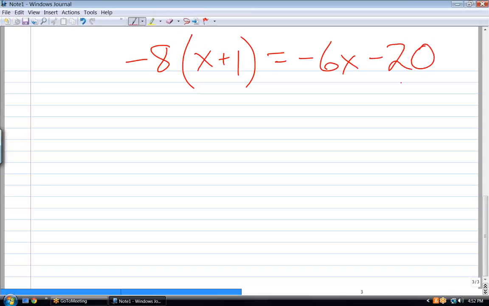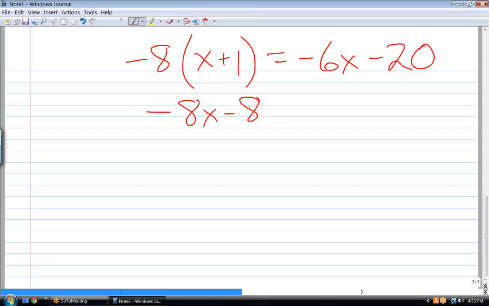So the next one after that is negative 8 times the quantity x plus 1 equals negative 6x minus 20. Like that? Yep. Okay. What's the first step? Distribute, so you get negative 8x plus negative 8.